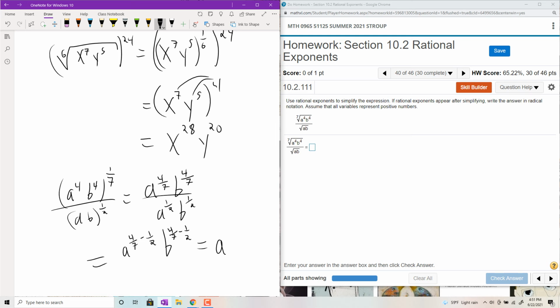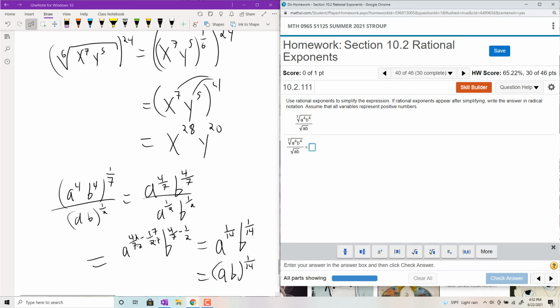Need a common denominator here. So 8/14 minus 7/14 is 1/14. That'll be b to the 1/14, and they want the answer in radical notation, so the 14th root of ab, because you could rewrite this thing as ab to the 1/14. Okay. So 14, and then put ab in here.